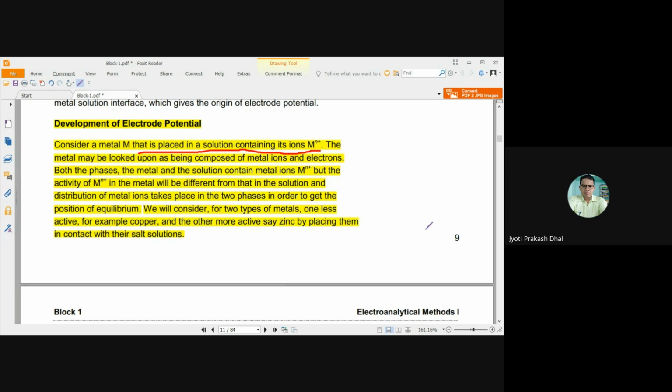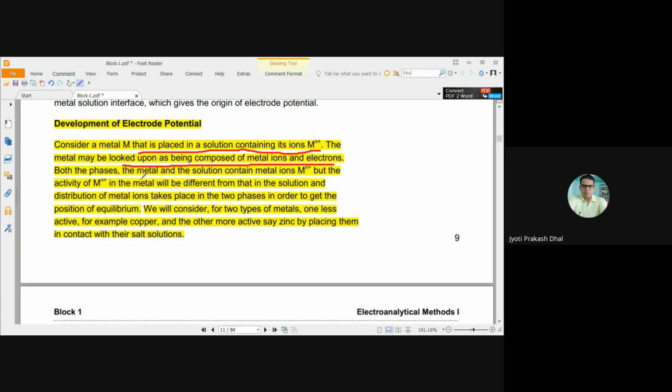So here in the general sense, consider a metal M that is placed in a solution containing its ion Mn+. The metal may be looked upon as being composed of metal ions and electrons, because we know that the metal contains Mn+, that is called kernels, that is the metal ions, and it contains n number of valence electrons.